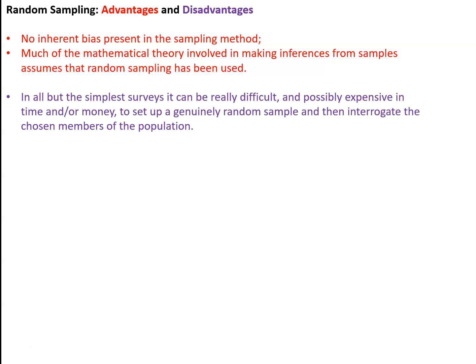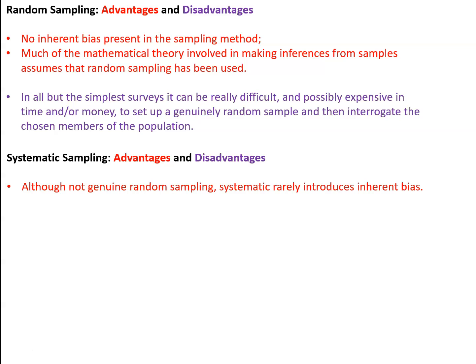However, random sampling can be incredibly difficult and impractical to carry out. It may well be expensive in time and or money, and then the process, even once you've chosen your random sample, of actually being able to interrogate them and get the necessary information from them can be really difficult.